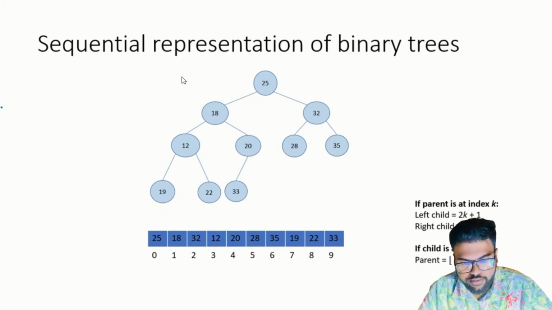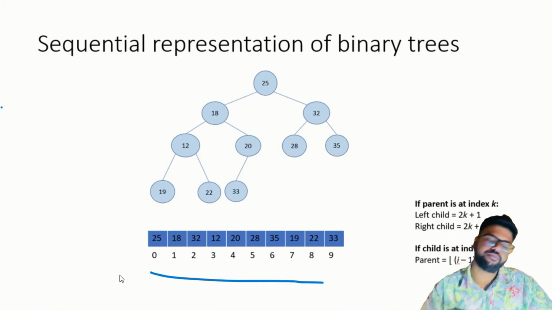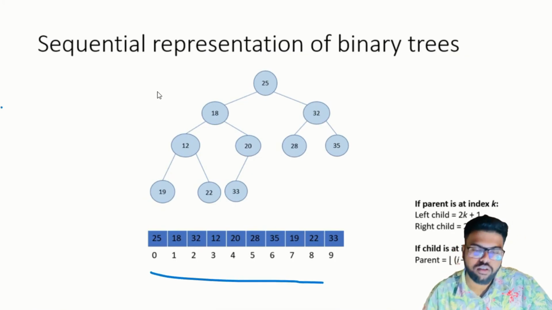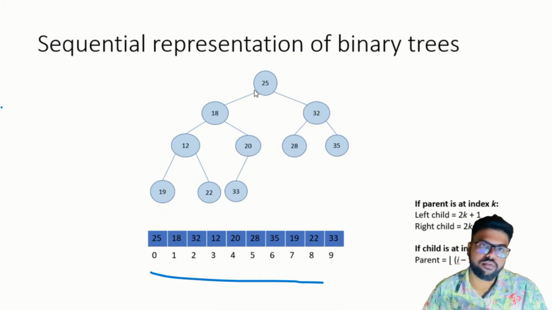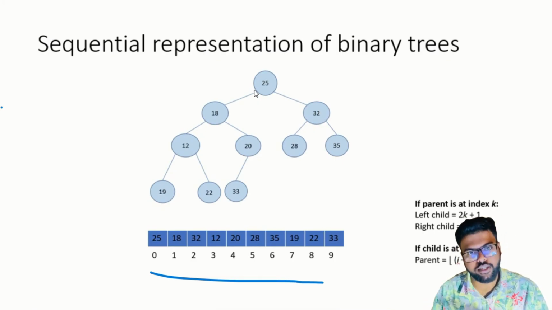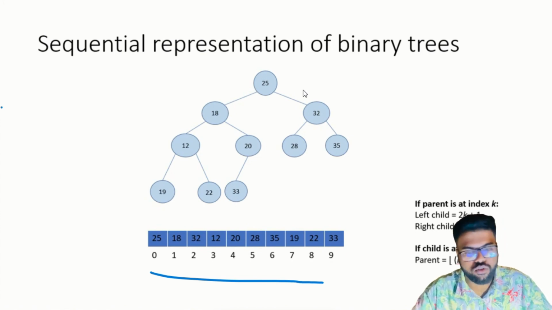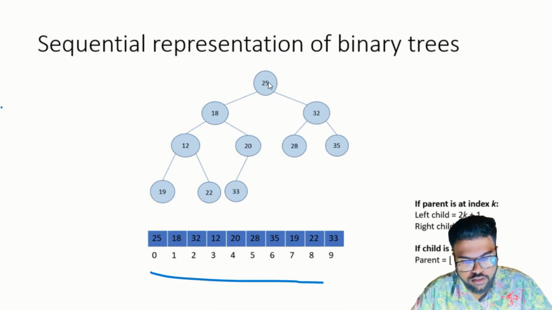This is the tree and this is the array. As I said earlier, the root is not always stored in index 0. Sometimes index 0 is null, meaning there isn't a tree. Okay, so this is the root node, and it's in index 0.